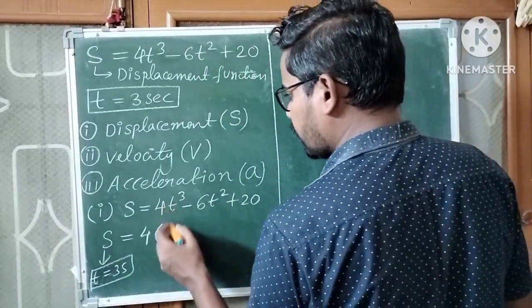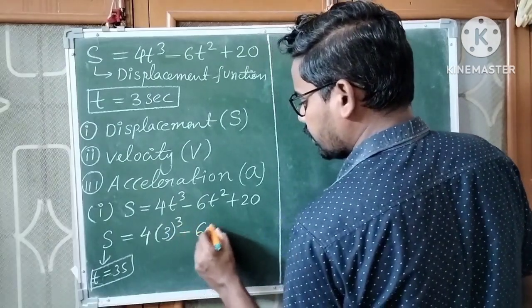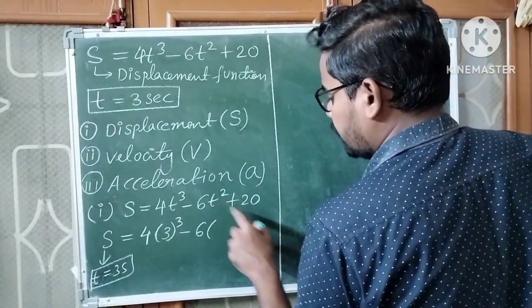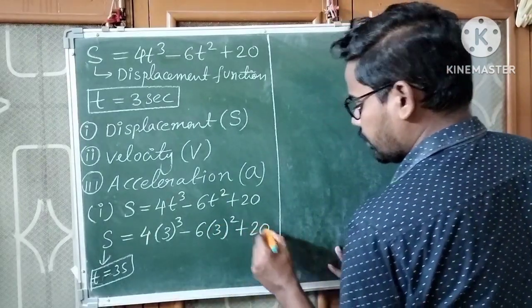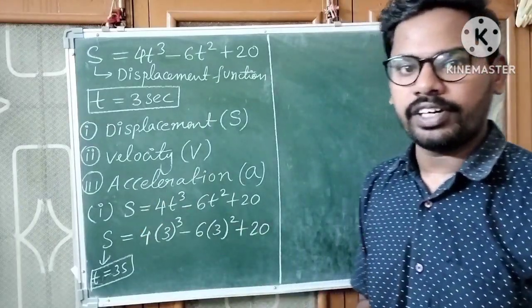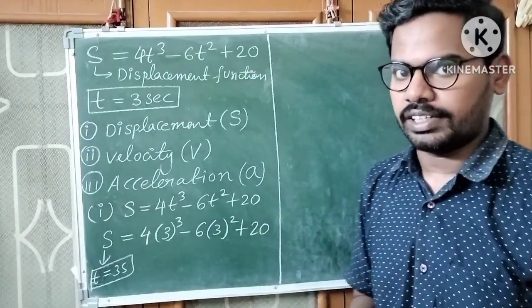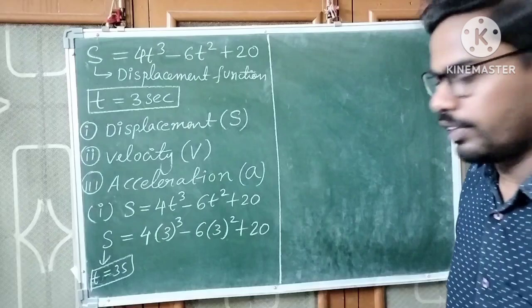So S = 4 into t³, with t = 3, so 3 cubed, minus 6 into t², that is 3 squared, plus 20. Now simply substitute t = 3 in the displacement function, then we can find displacement after 3 seconds. We have to find out the displacement of the body after 3 seconds.